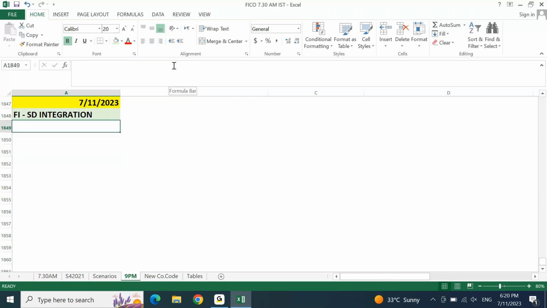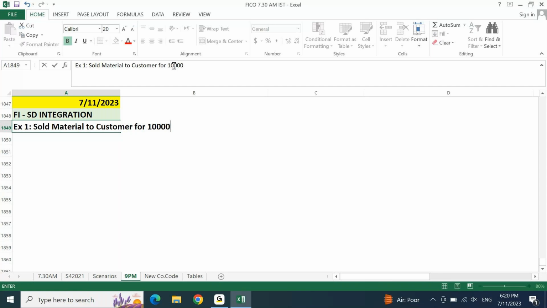Let's take one example here as well. Example number one: sold, let's say, material to a customer for 10,000, or I'll say sold material, 10 quantity, to a customer at the rate of 1,000 each.